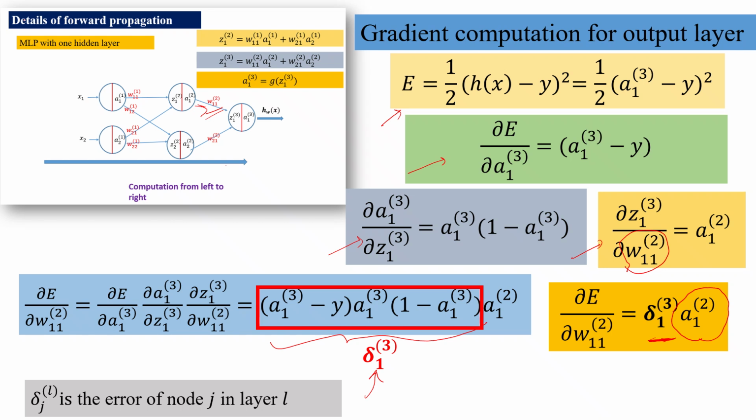A12 is the input through this weight to the output node. So the gradient update can be written in this manner. So this was for the output layer.